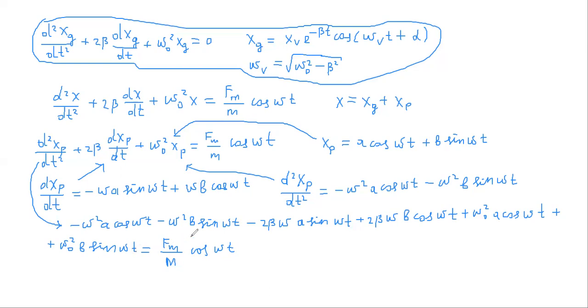Let's make some algebraic transformation. I mean that it is necessary to write cosine omega t and sine omega t outside of the brackets.